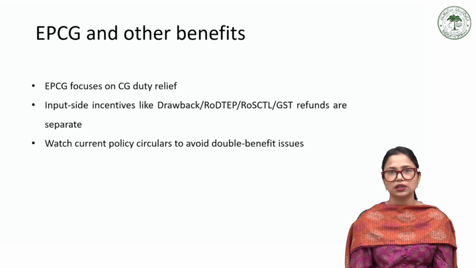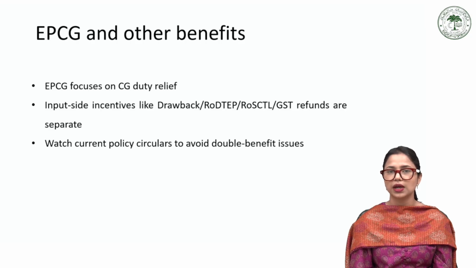Now let us see what are the other benefits tied to EPCG. EPCG focuses on capital goods relief; input side incentives like drawback, ROSCTL, RoDTEP, GST refunds are separate. Exporter must watch current policy circulars to avoid double benefit issues.